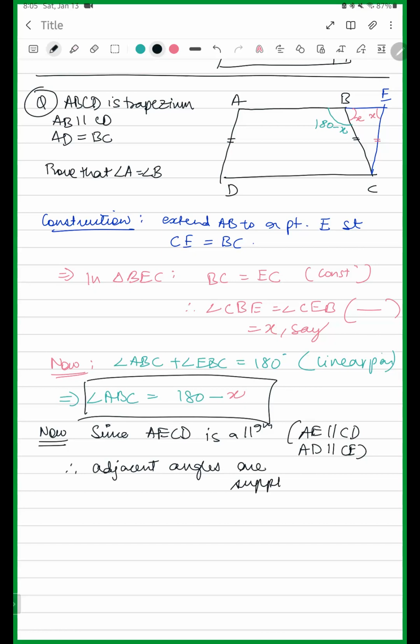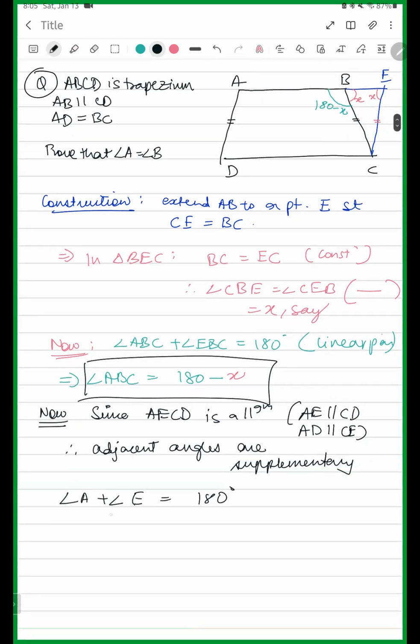We know that in a parallelogram, adjacent angles are supplementary. So angle A plus angle E is equal to 180. That means angle A is 180 minus angle E, which is x. That means angle A is also 180 minus x.